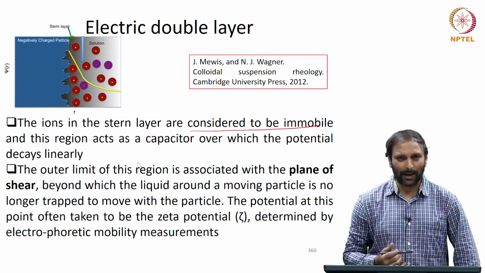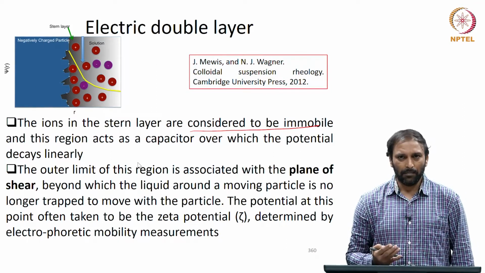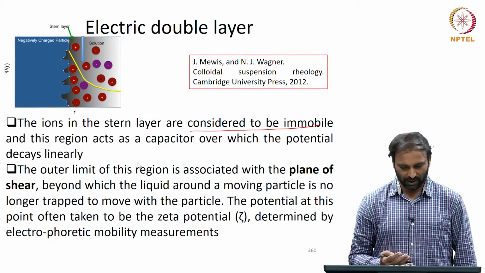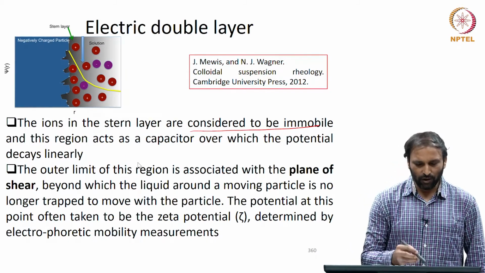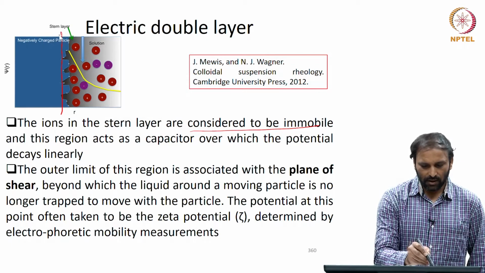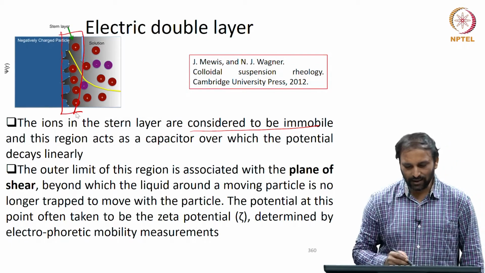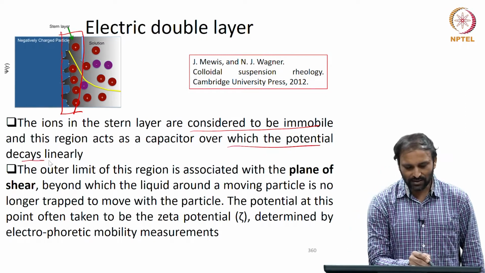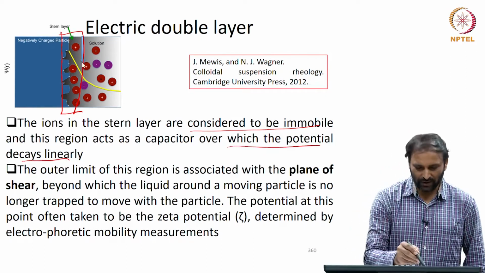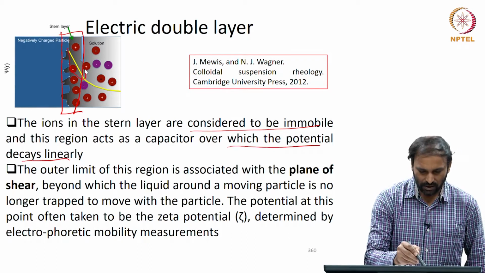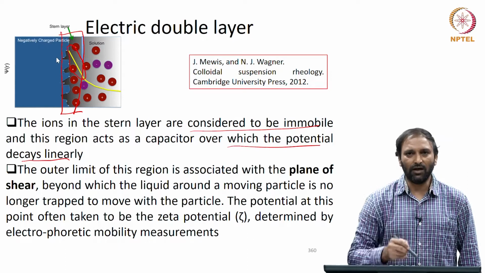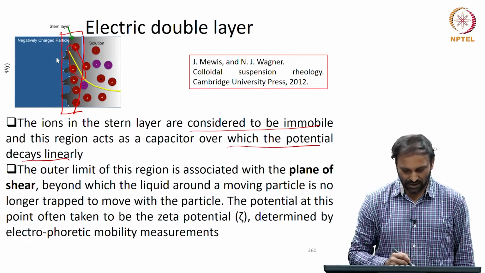That means, for all practical purposes they are adhered strongly onto the particle surface, and therefore, this region essentially acts more like a capacitor over which the potential varies linearly with separation distance. That is what is shown here. If you look at how this yellow line varies in this Stern layer region, there is a linear fall of potential with separation distance.